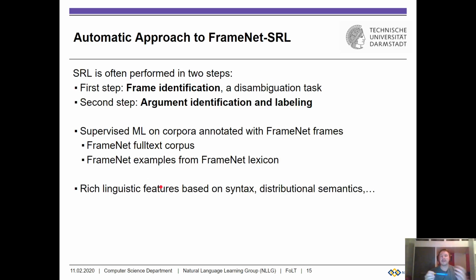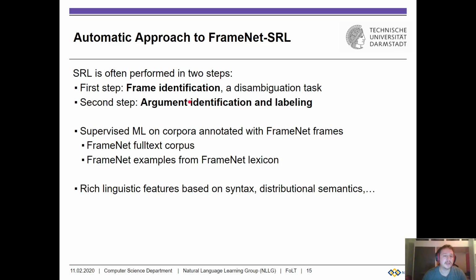When we want to do semantic role labeling automatically, and if we want to do it in the context of FrameNet, what people have often done is to take a two-step approach, where in the first step in a given sentence they would identify the frame, so they would identify the verb, and then match this verb and maybe some complements to the verb with FrameNet, so to find out what is the prototypical situation that this verb is referring to.